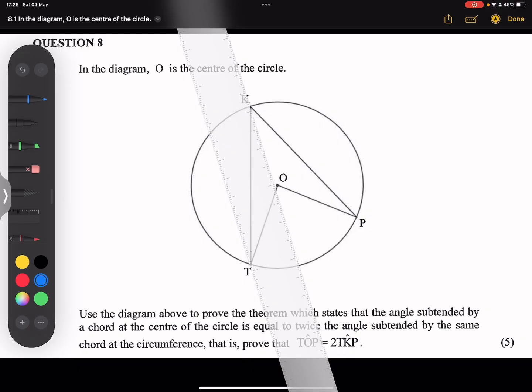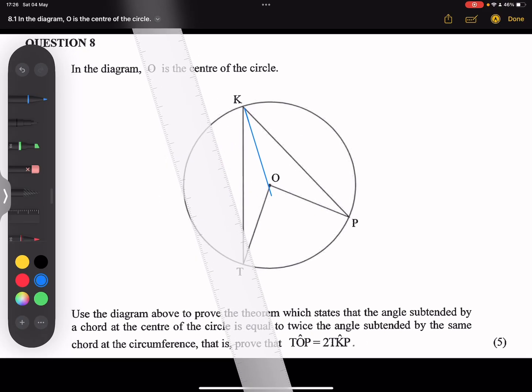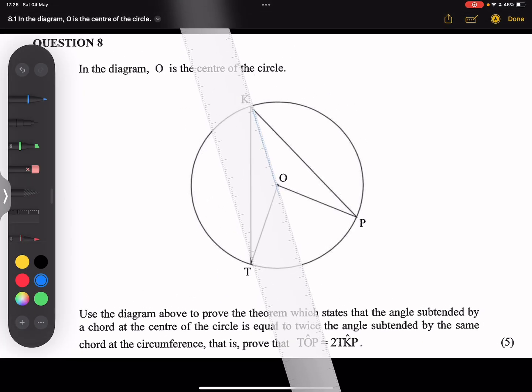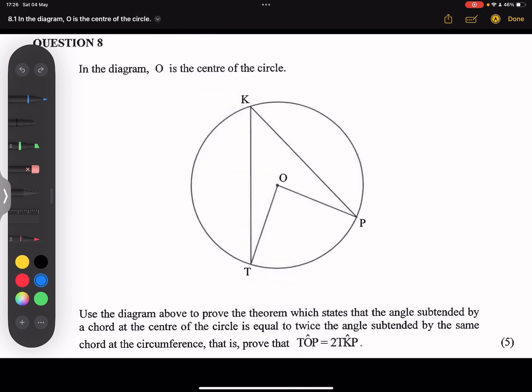So that's construction line KO. You can just extend it a little bit so that you can see it. For some reason, my line is very skew. So there's line KO over there.